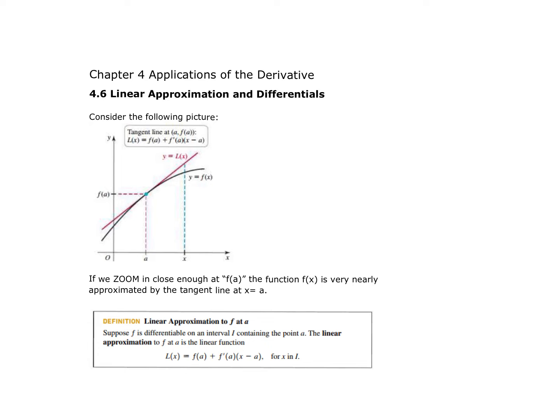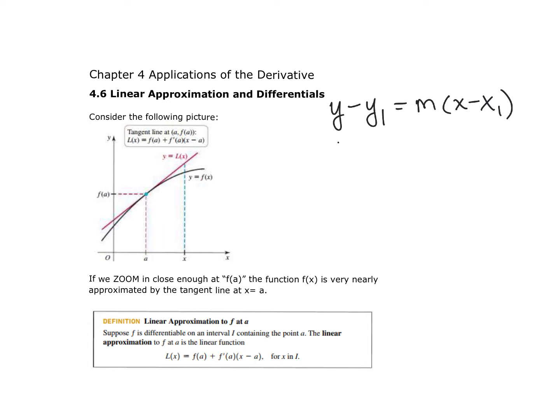So you have already found the equation of a tangent line, and typically we use y minus y1 equals the slope times x minus x1. Well, a linear approximation is a function in its own right.